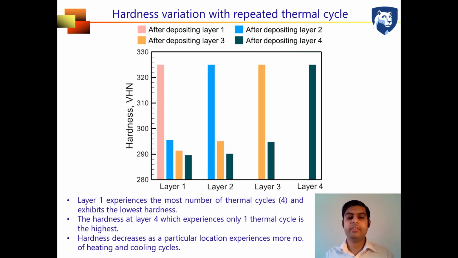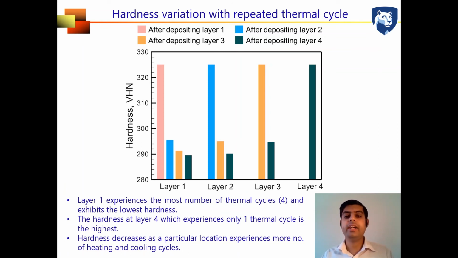And instead of looking at only layer 1, if we look at all the layers, how hardness varies, we can see the same observation. For layer 1, after depositing the layer 1, the hardness is highest. Same thing can be observed for layer 2, layer 3 and layer 4, where the hardness is maximum after depositing second layer, third layer and fourth layer respectively.